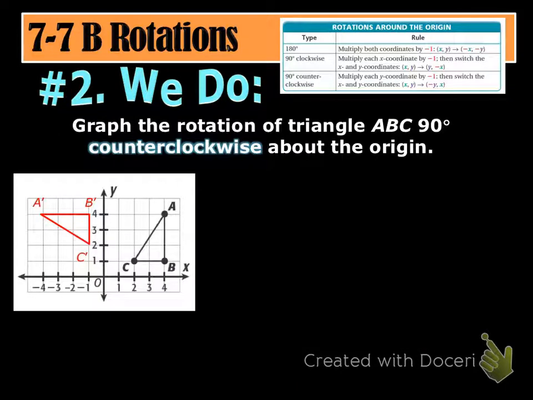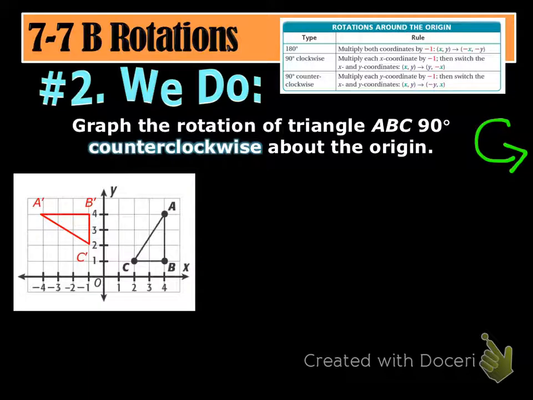So let's look at number 2. Graph the rotation of triangle ABC 90 degrees counterclockwise. Remember, counterclockwise, we are going this direction. Okay, when it says to do 90 degrees counterclockwise, it says multiply each y coordinate by -1, then switch the x and y coordinates.